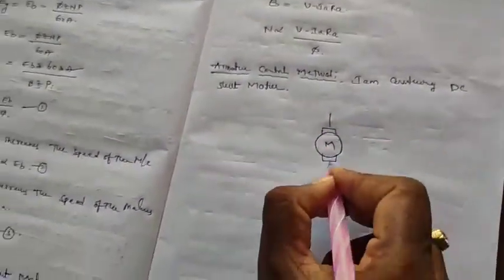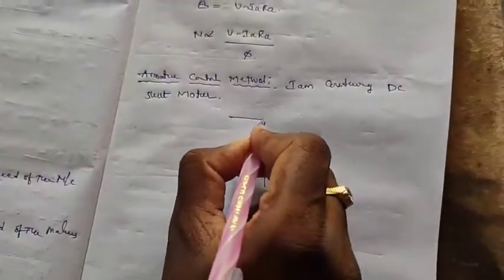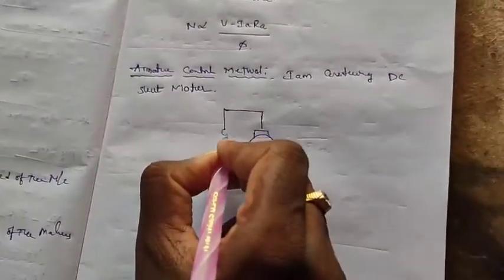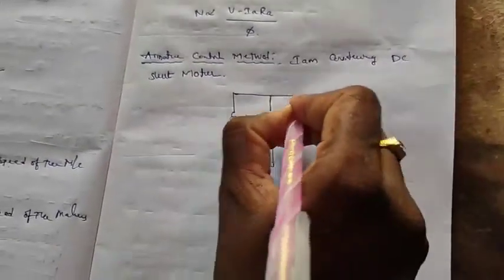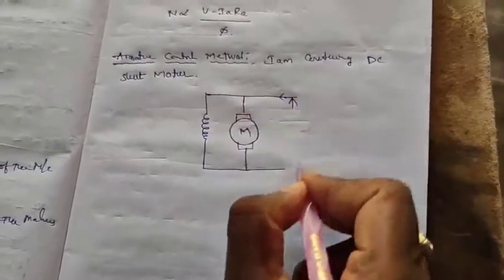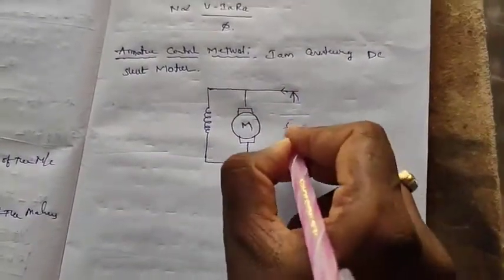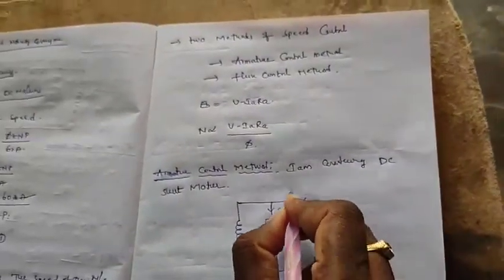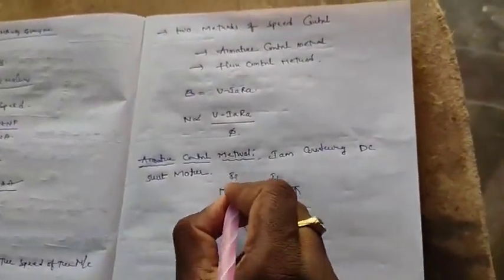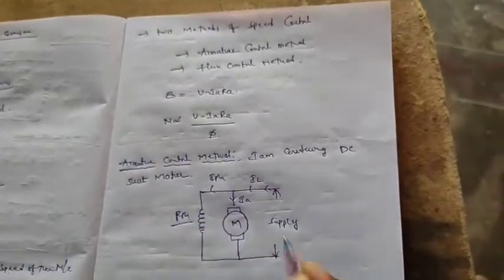For the shunt motor, the shunt field is connected parallel to the armature. I am giving the supply. So this is the armature, line current, shunt field, RSH.